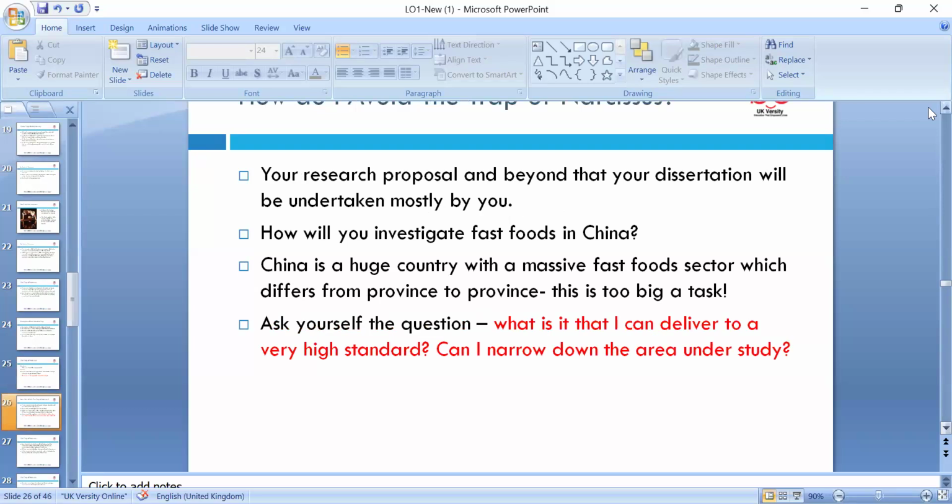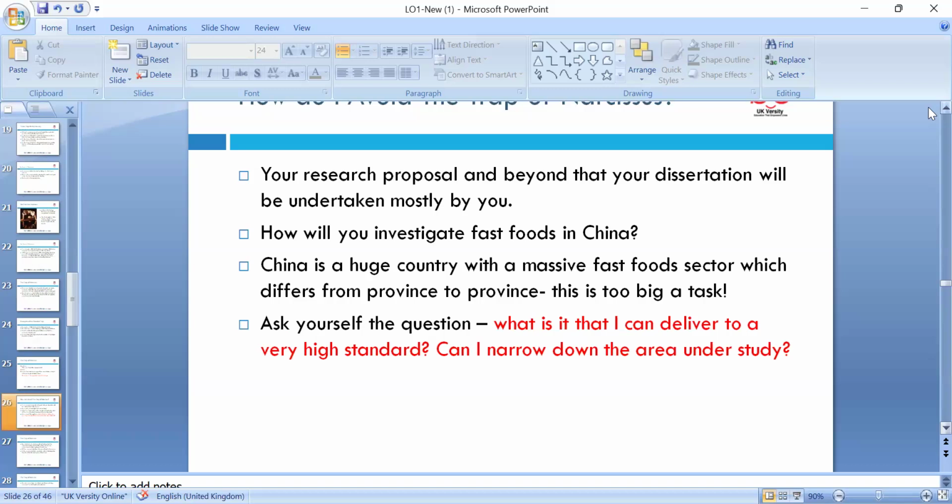Research proposals and your dissertation will be undertaken mostly by you. So how will you investigate fast food in China? China is a huge country with a massive fast food sector, which differs from province to province. So this is a big task.